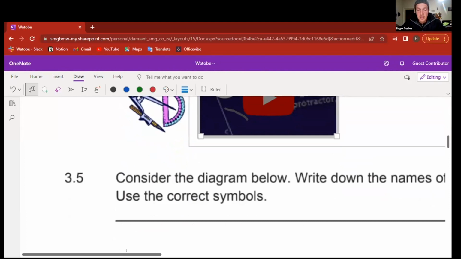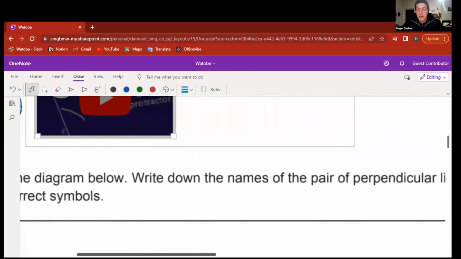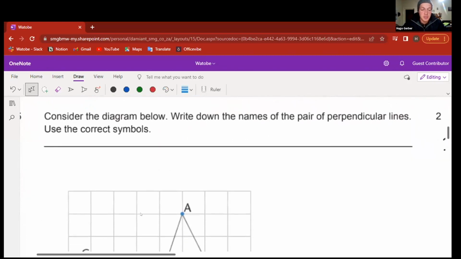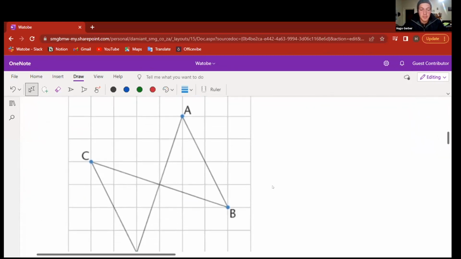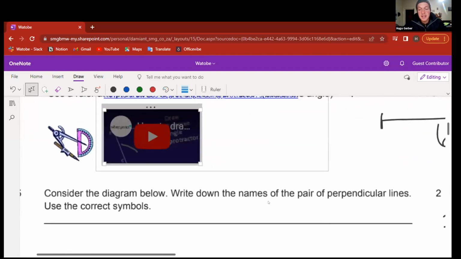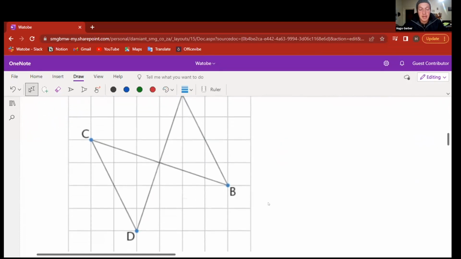Write down the names of the pair of perpendicular lines. Use the correct symbols. Okay, so look at these and tell me which lines are perpendicular. I'm going to need you to give me that in the chat. Please talk to me in the chat. Let me know which of these lines are perpendicular.